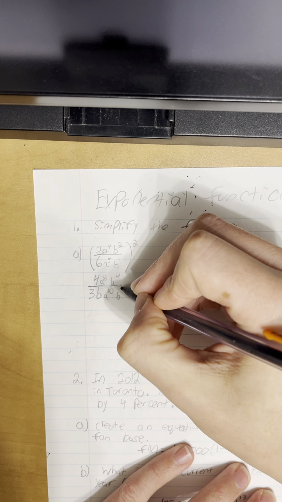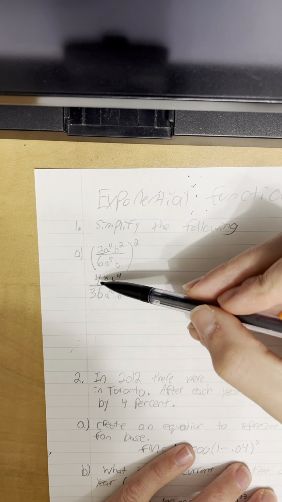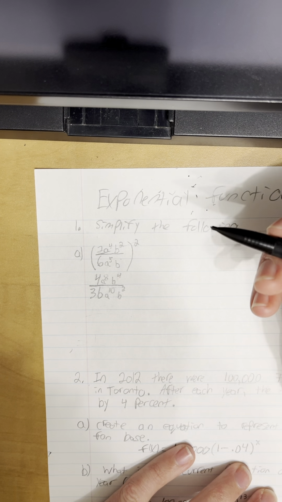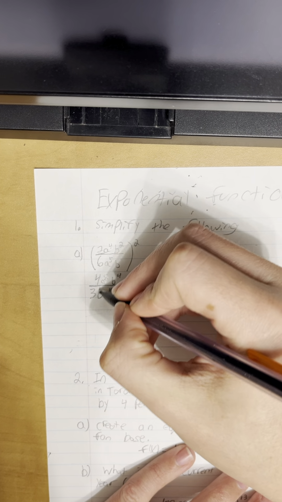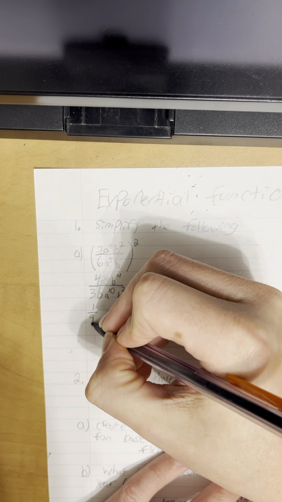That gives us b to the 2. Okay, now we want to reduce this because we can reduce this fraction. So 4 goes into 36 9 times. Then we're left with 1 over 9.